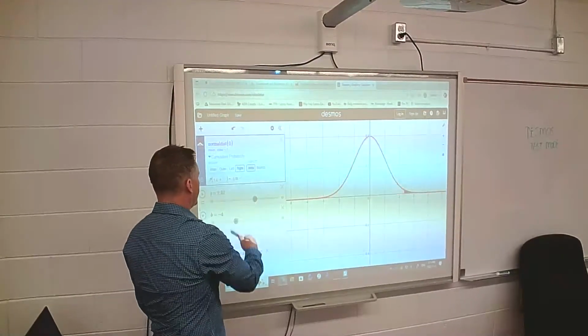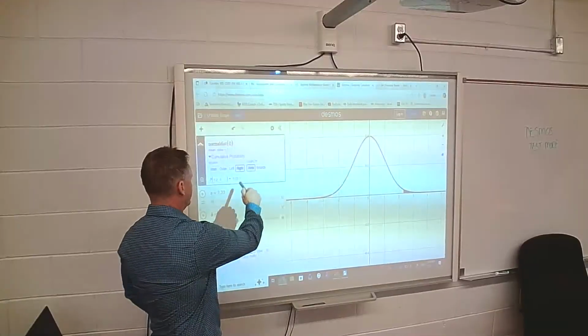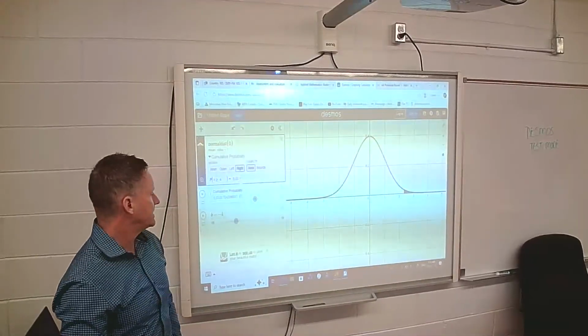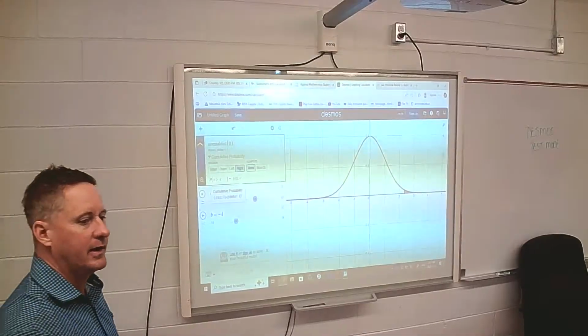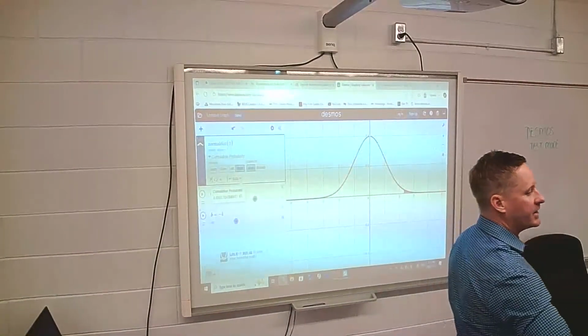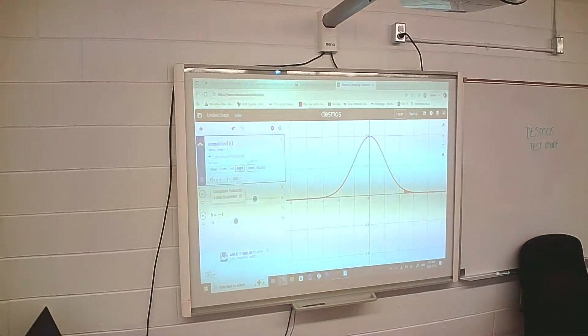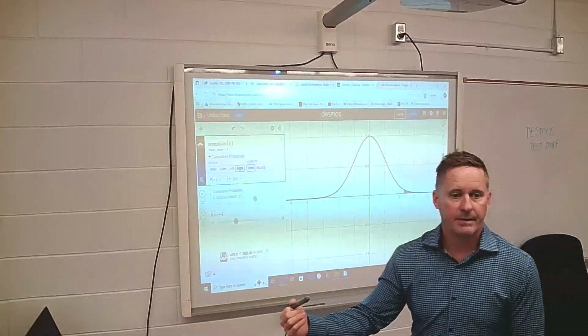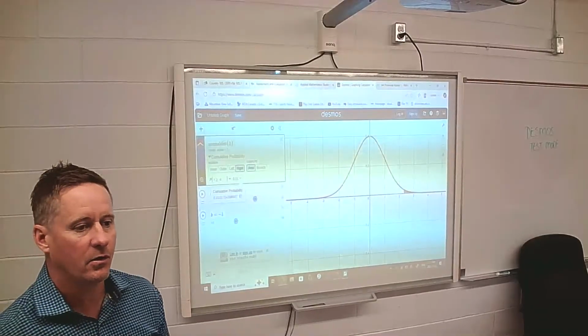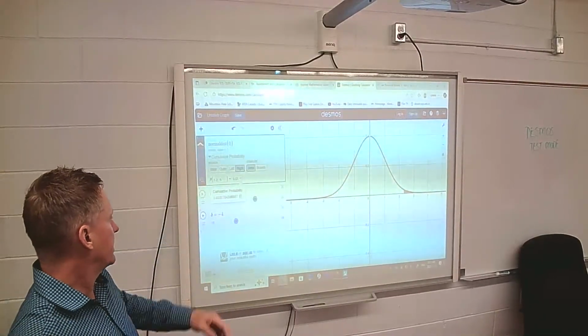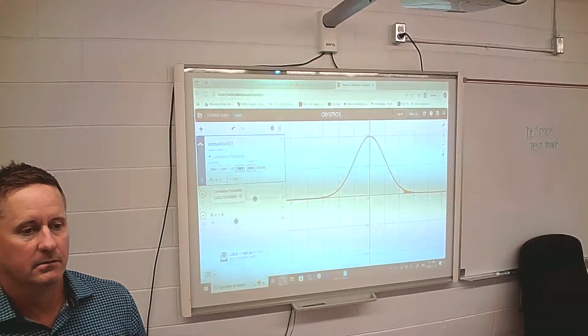If I go to the right of A, I get 1.01%. So this is doing this without you having to use that chart now. This is the first year I've ever done this on Desmos. But it makes it way simpler for you.